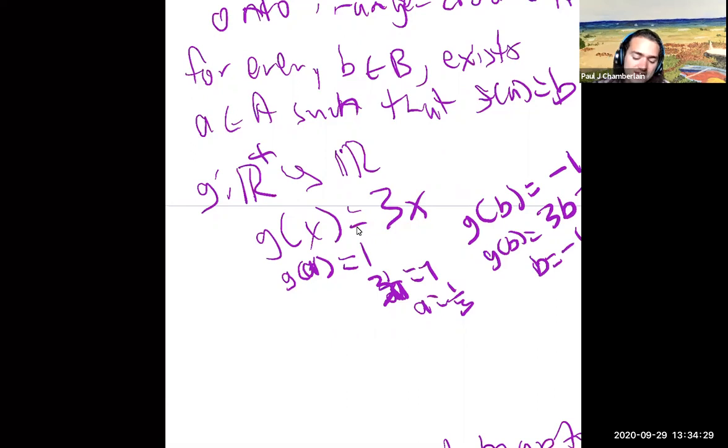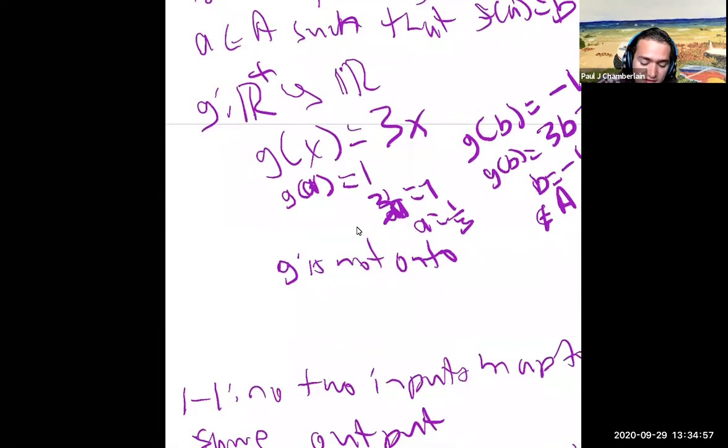So in order to map to -1, I have to use -1/3, but this is not an element of my domain. My domain is the positive reals, and this is a negative real. So I've just proven that g is not onto because I found a counterexample. To prove something's not onto, you find a counterexample.